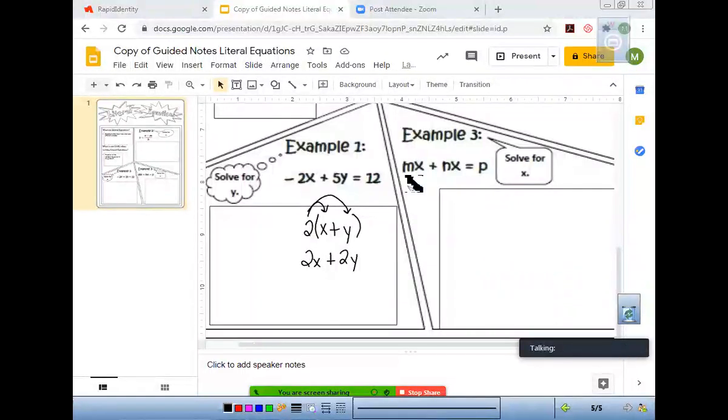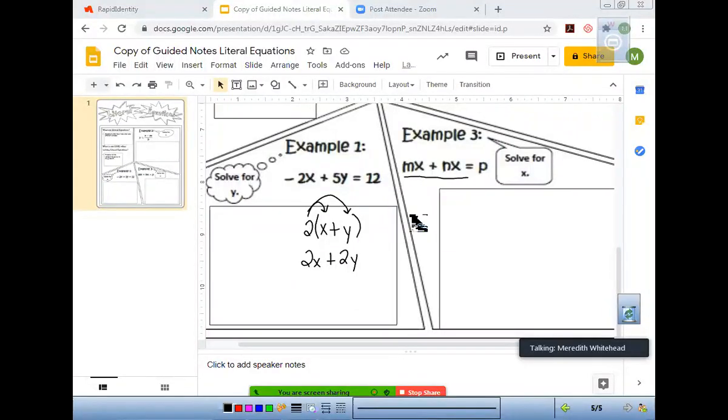If I look at example 3, notice that both of those have an x already. It's like they already did the distributive property. If I want to get the x by itself, I can't have the x be separated between the m and the n. I can only have one of those x's. It's a tricky one.